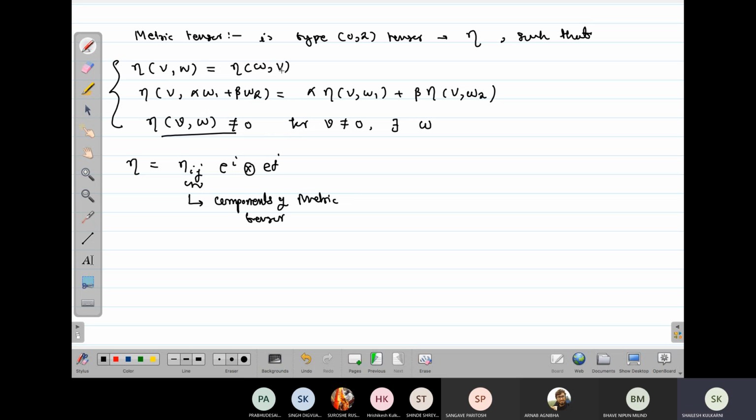By definition this is symmetric: eta acting on V, W is the same as eta acting on W, V for all W and V belonging to the vector space. So this first property implies that eta_ij equals eta_ji. Clear?